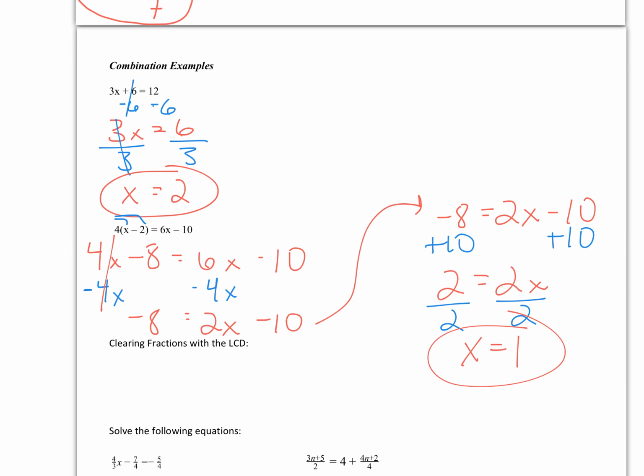Another common type of equation that you might see here is equations involving some fractions, which shouldn't be much of a worry for us as long as we're solid in our rules with fractions.